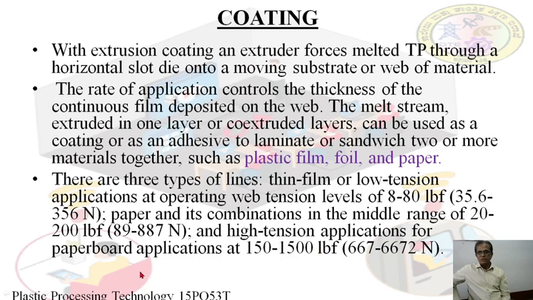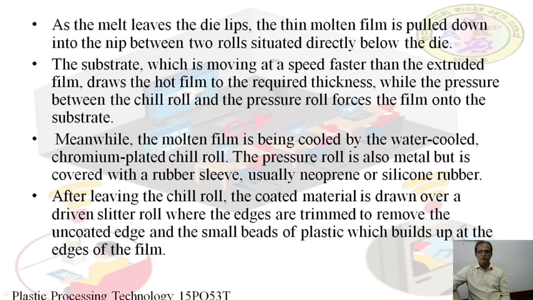Paper board is usually a high tension type; it can take more tensile load. So: low tension range, middle tension range, and high tension range. These three types of substrate material can be used for coating. As the melt leaves the die lips, a thin molten film is pulled down onto the nip between the two rolls situated directly below the die.